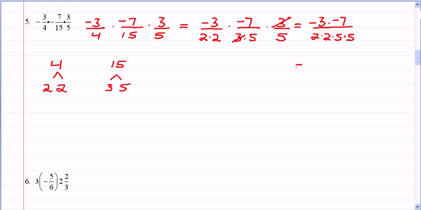And that gives us a final answer of 21 over 2 times 2 is 4, and then 5 times 5 is 25. 4 times 25 is 100, so the final answer is 21 over 100.